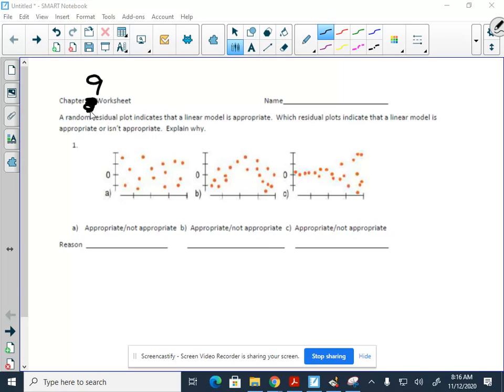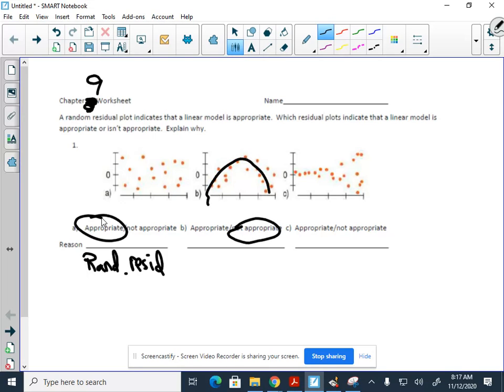Okay, so all we're looking at is these three residual plots. Is a linear model appropriate? This one I would say is appropriate, and the reason would be you have random residuals. This one is not appropriate because we see curved residuals.